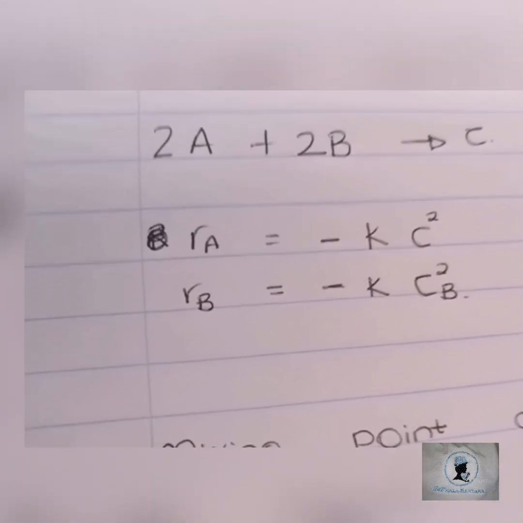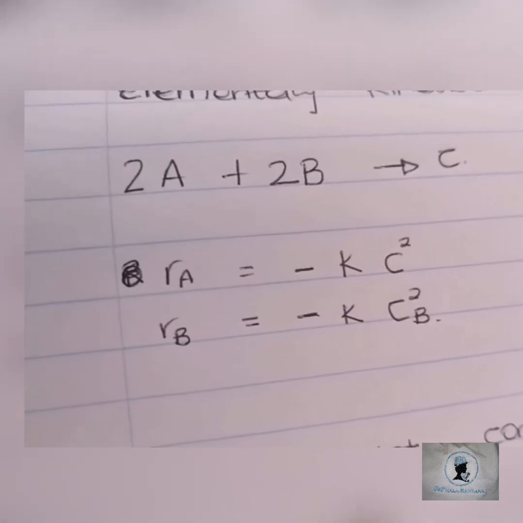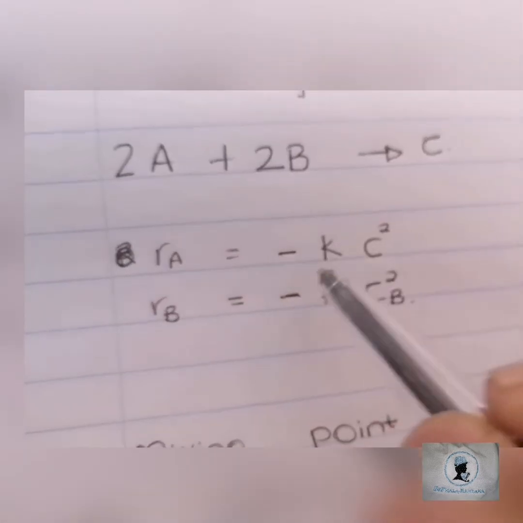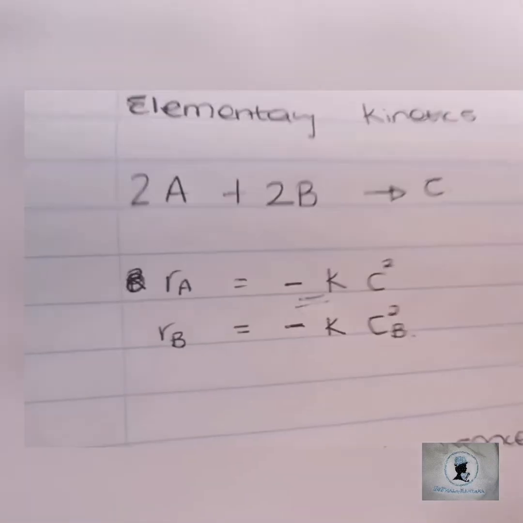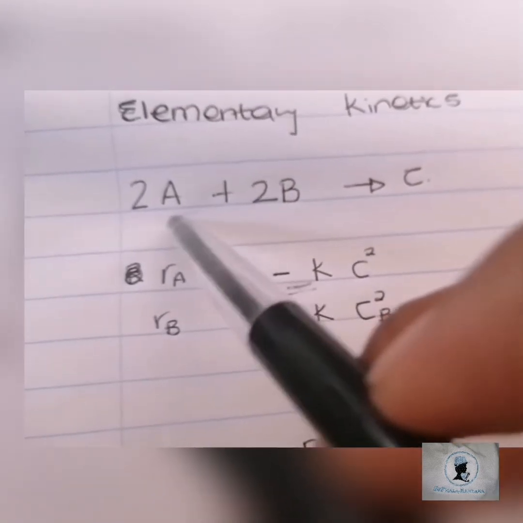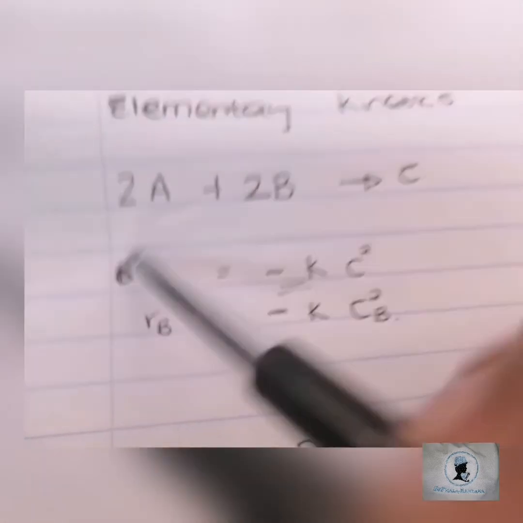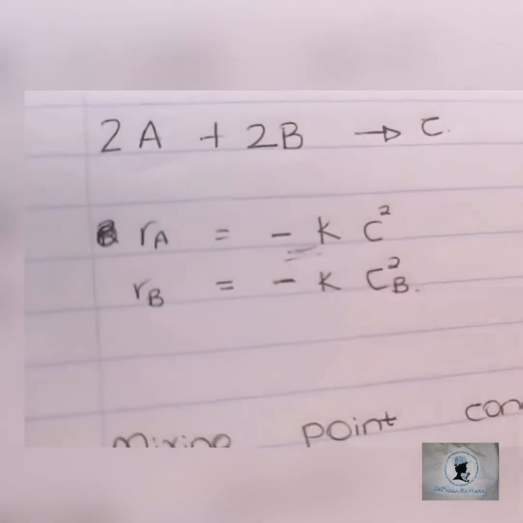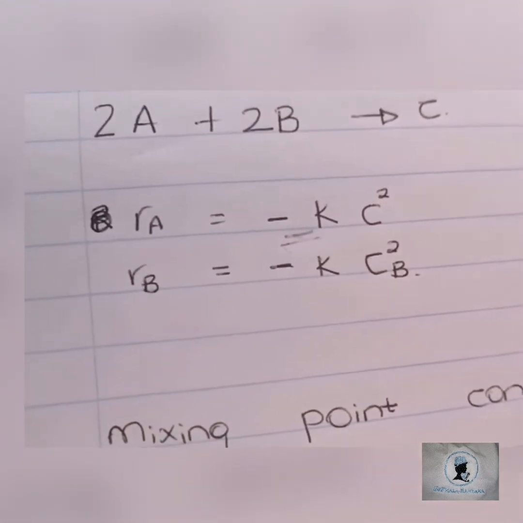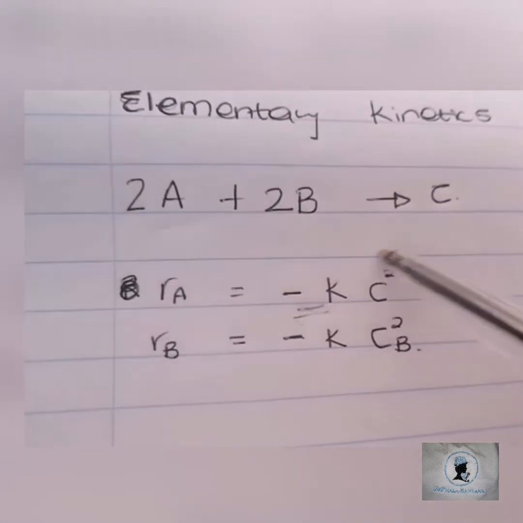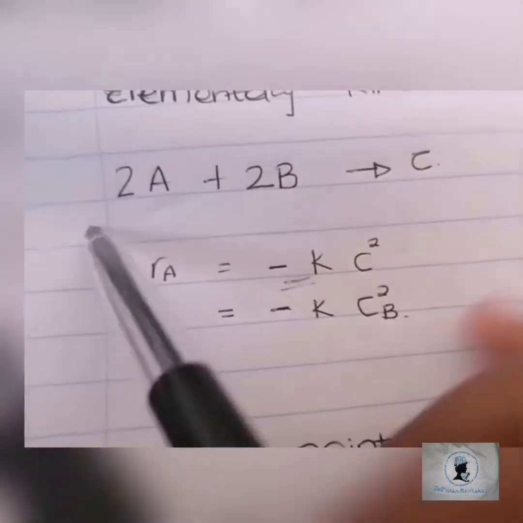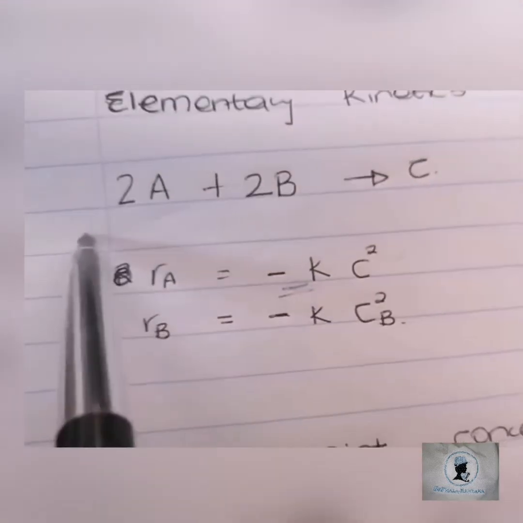The reactant is decaying, so that's why we put it in as a negative. The coefficient of the reactant in question, let's say in this case A, is going to give us the order of our reaction. So the coefficient of A is 2.